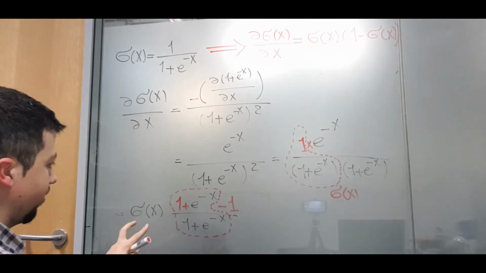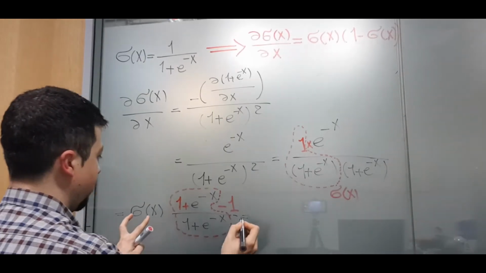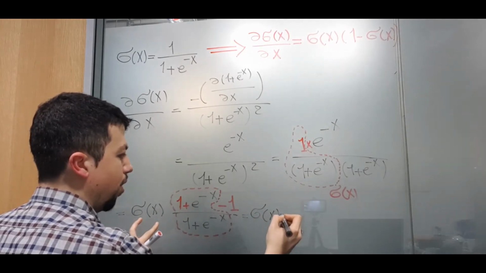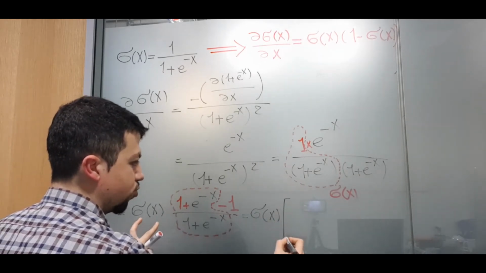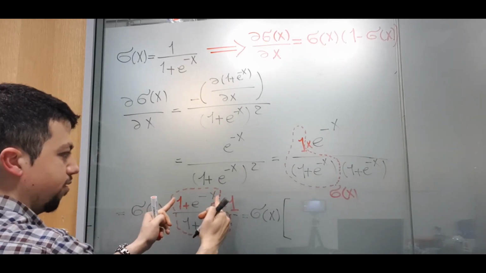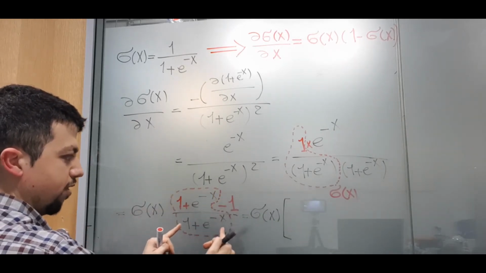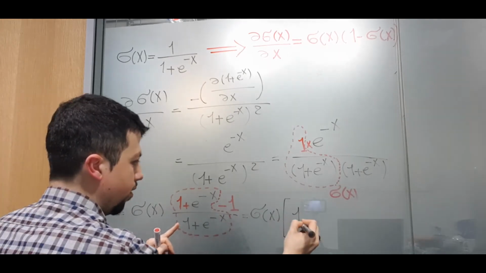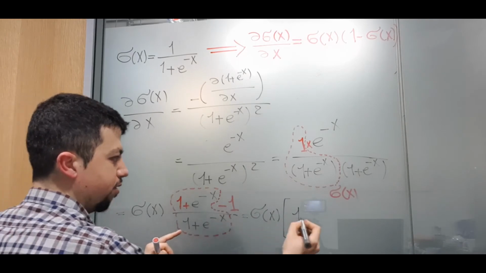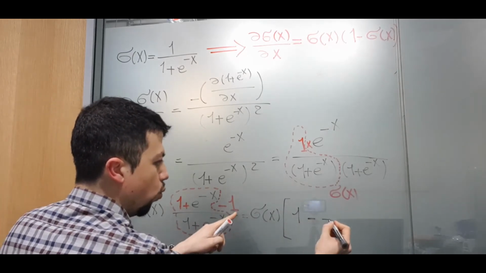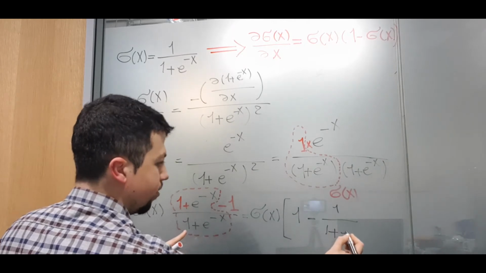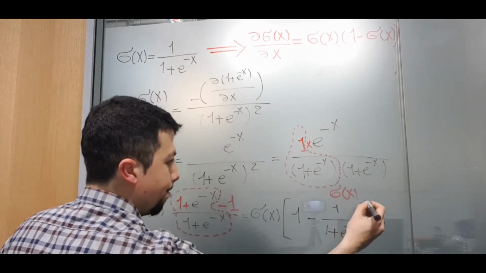So if you think about it, if I keep writing sigmoid of x, we've already computed that, multiplied by, let me just open a big square bracket: this part of the numerator divided by the denominator, which is 1, minus 1 over the denominator, 1 plus e to the power minus x.